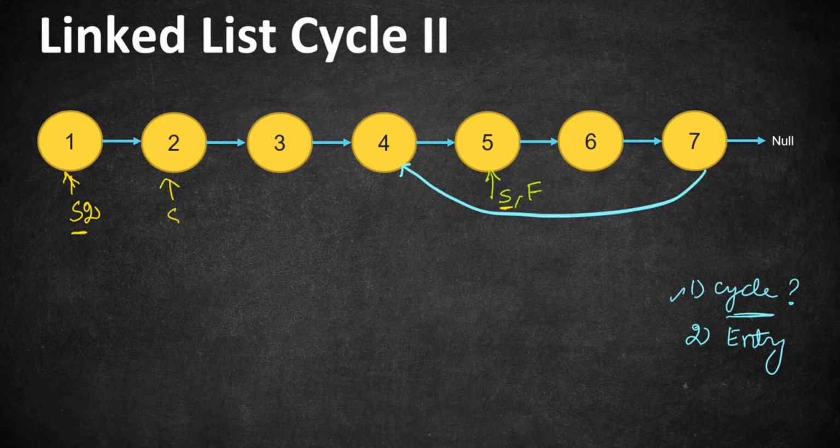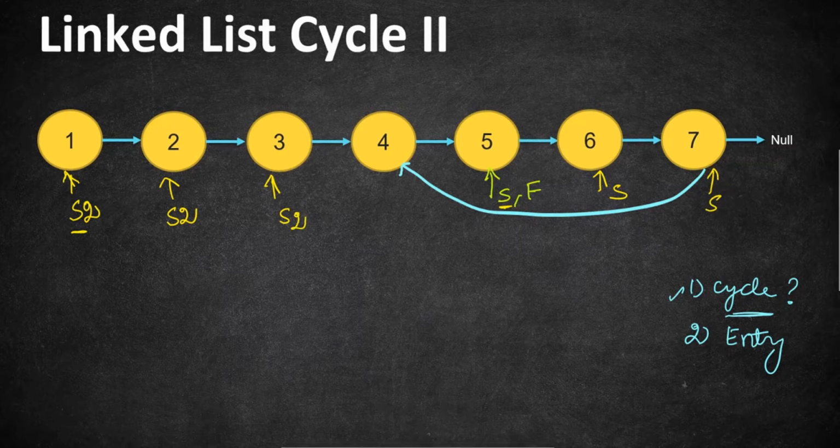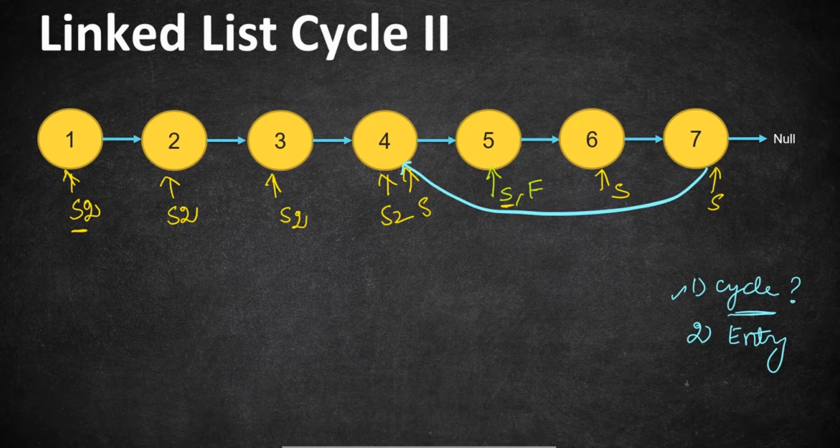Now S2 is at node 2 and S1 is at node 6, then S2 is at node 3 and S1 moves by one pointer to node 7. In the final iteration, S2 moves to 4 and S1 also moves to 4 because it is in the cycle. This is the point we are looking for, where the pointers S1 and S2 meet, and this is the point where the cycle starts, so 4 is going to be our output.